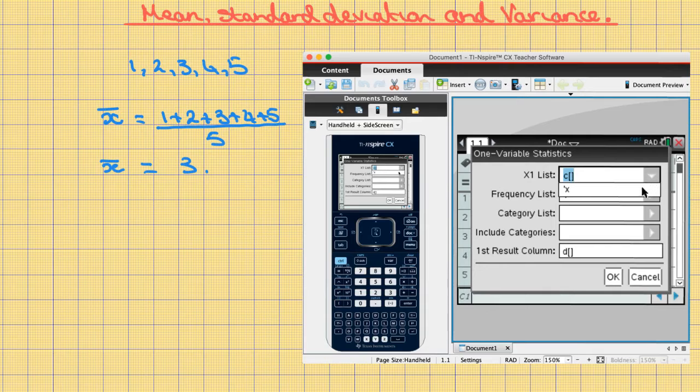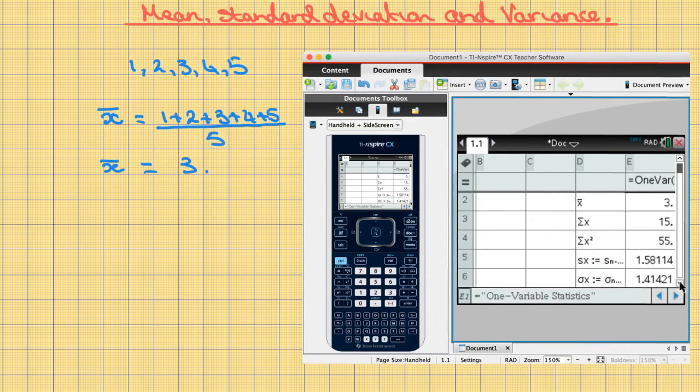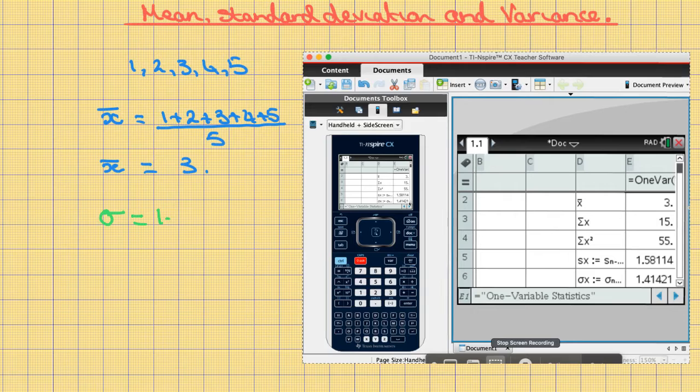Our list is called X. OK. Scroll down, and there is your standard deviation, sigma x, equal to 1.41421. So the standard deviation is equal to 1.41, which is actually equal to root 2.